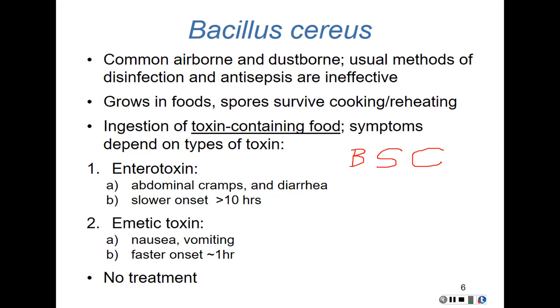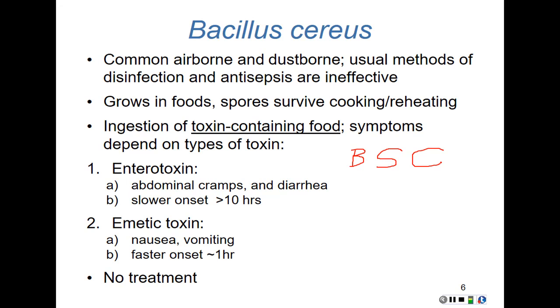Make sure that everything's killed off, yet you still get foodborne illness, because we're talking about an intoxication. Big scary chemicals means those organisms that cause intoxications.